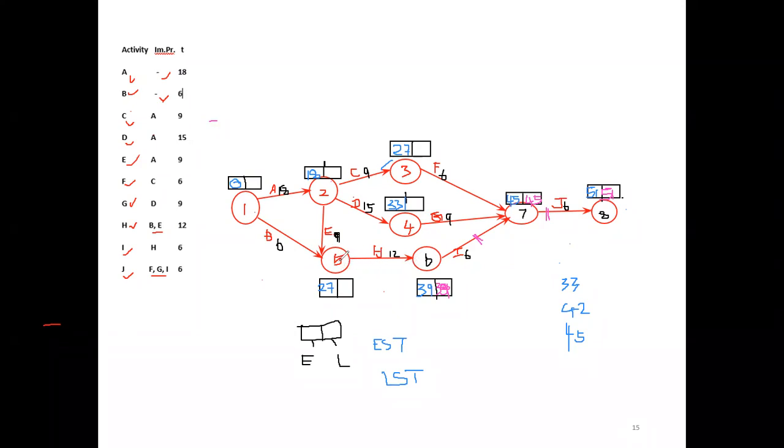For the sixth event 39, 39 minus 12 is 27. So you mark 27 here. So here also EST is equal to LST by the H activity. So H also is one of the critical path activities.